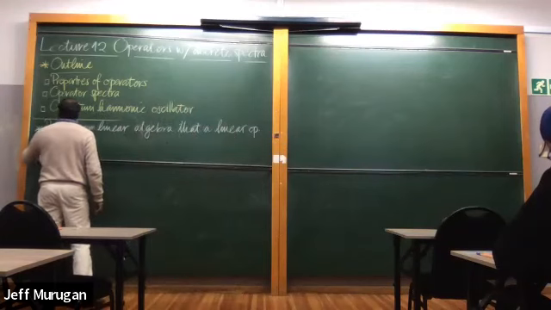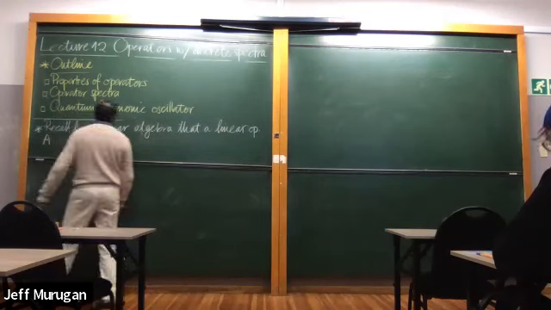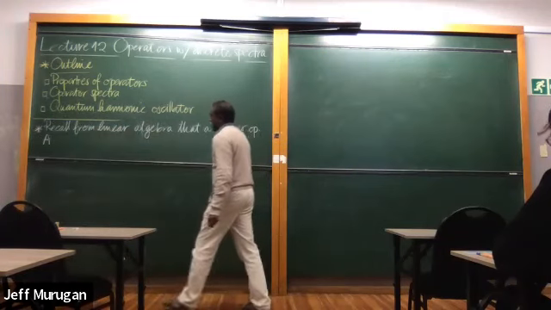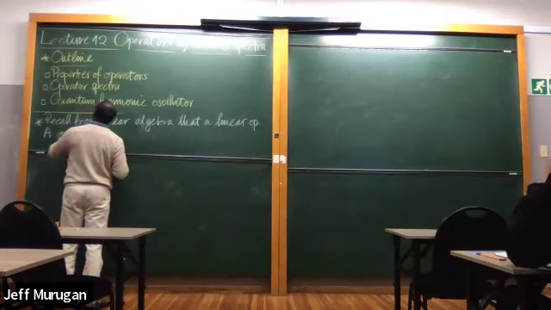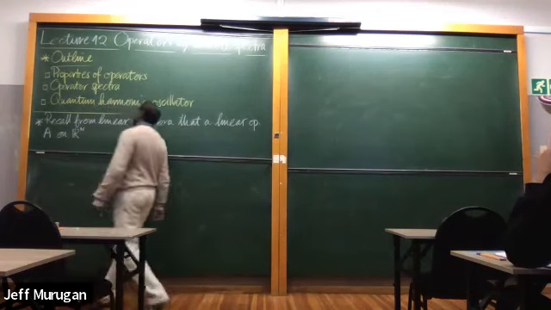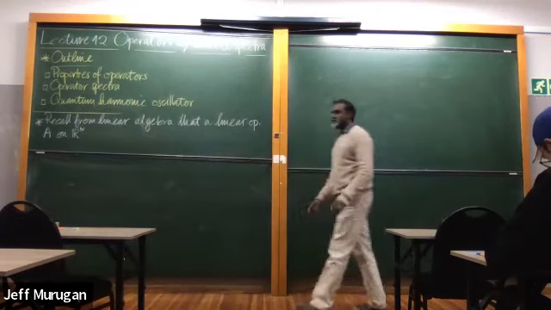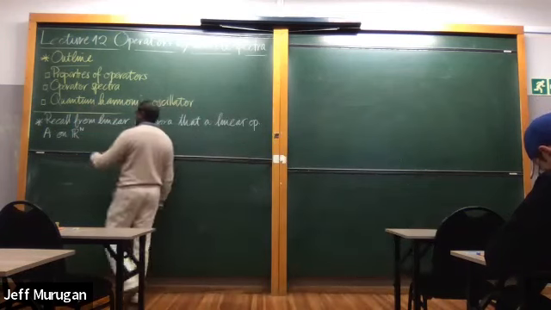Take a linear operator A on the vector space, say C^n, just as an example.